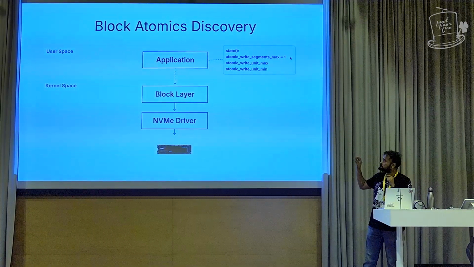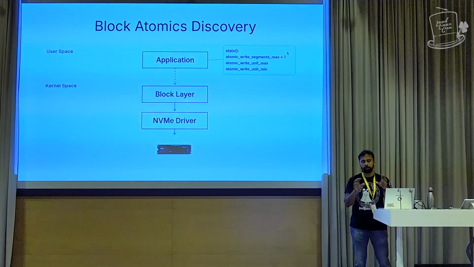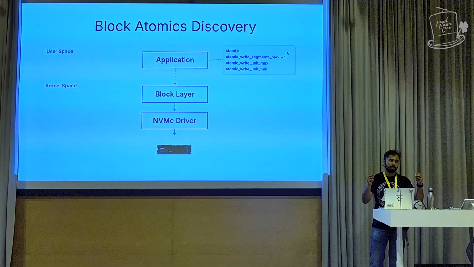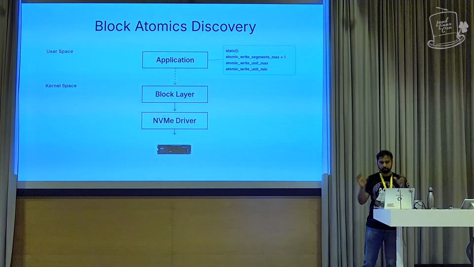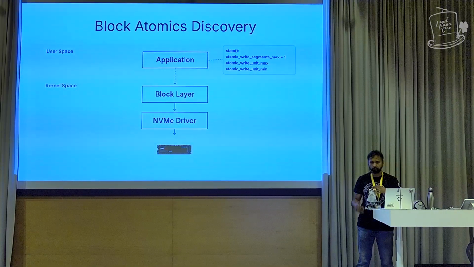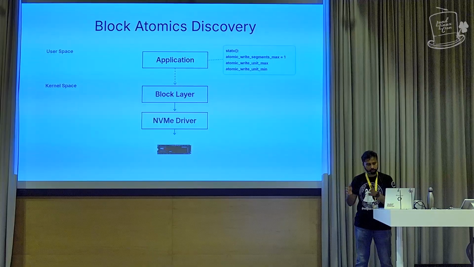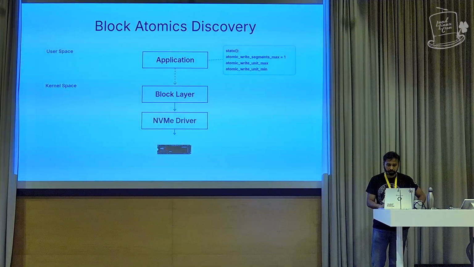I will talk a little bit more about this, but the point here is that different choices had to be made to guarantee that the BIO you submit to the device cannot be split. After seeing the trade-offs, the community finally settled on sticking to one segment when we want to make sure the I/O is atomic, and that's where the whole limitation on segments comes in.